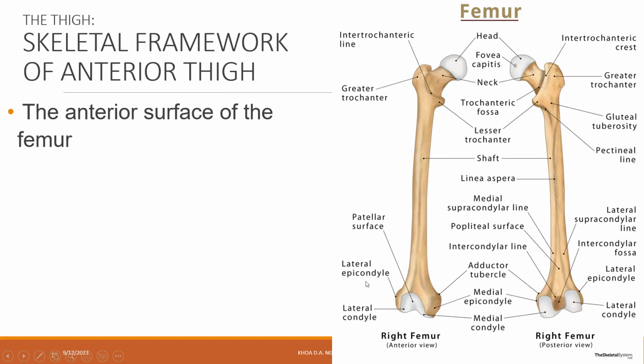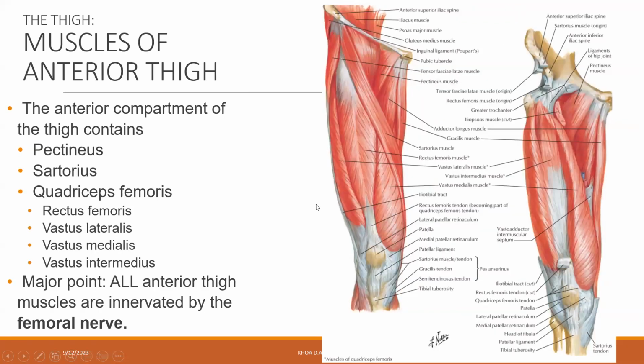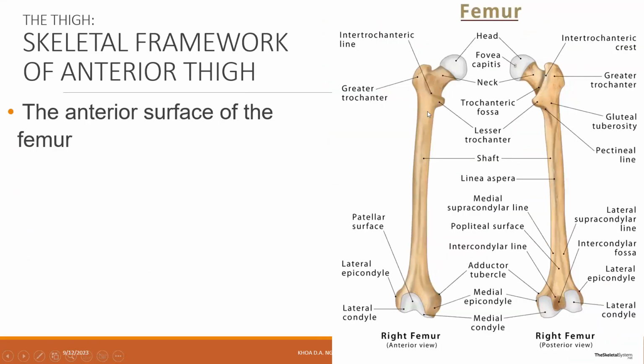And don't forget that right here we have the patellar surface that the patella articulates with. Before we go any further, I think it is appropriate to tell you once again that the greater trochanter and lesser trochanter are insertion points of very important muscles.